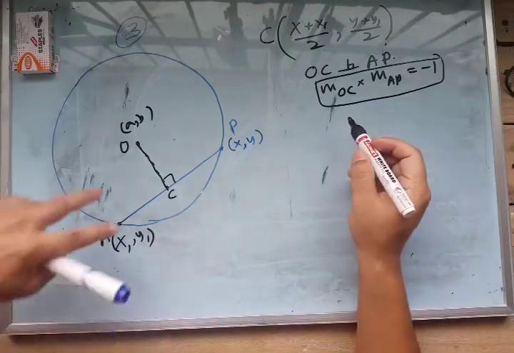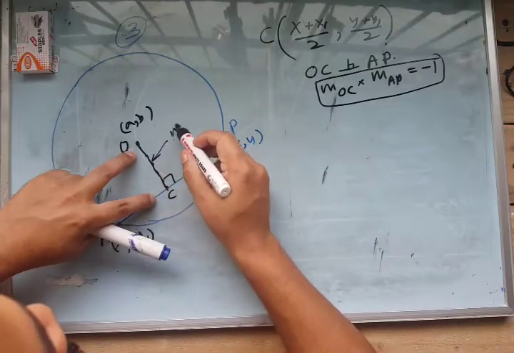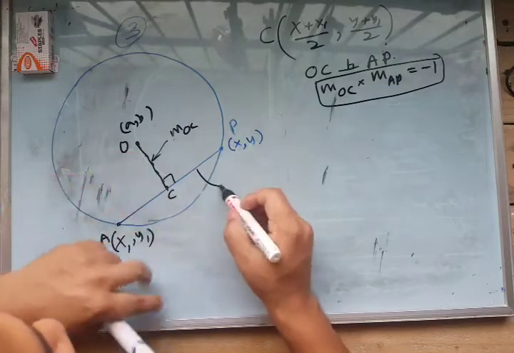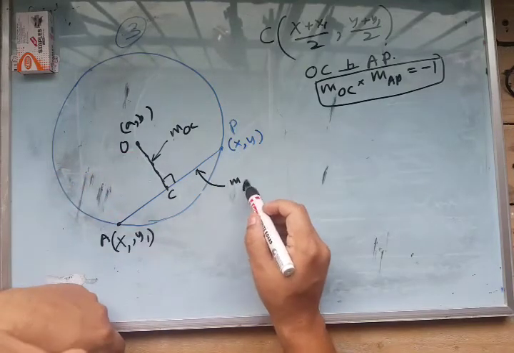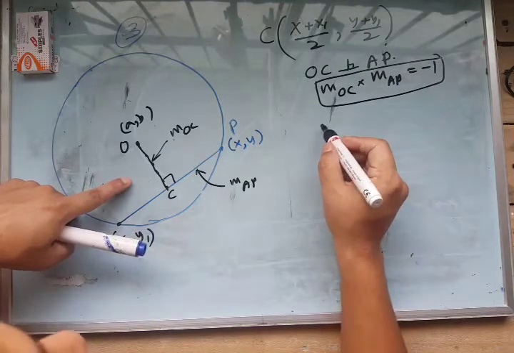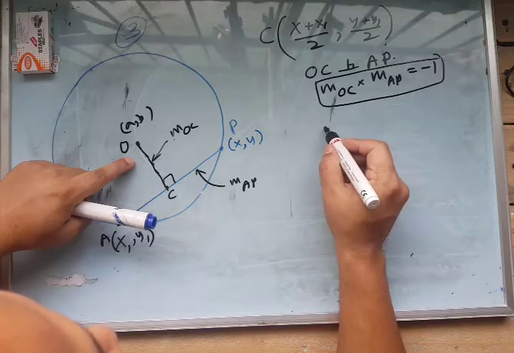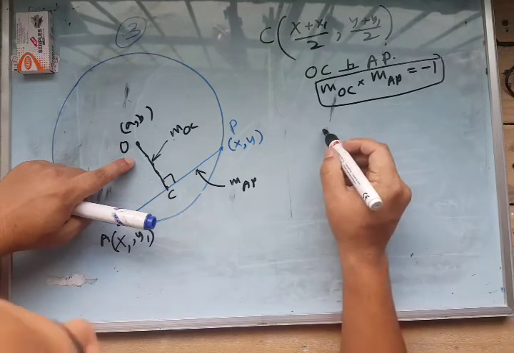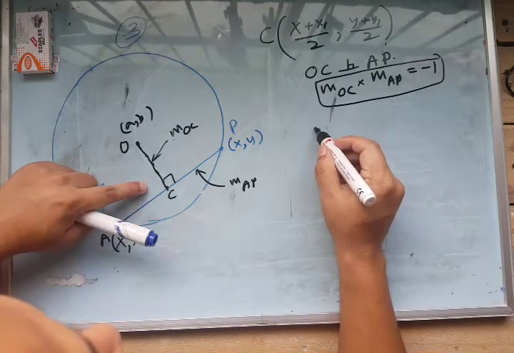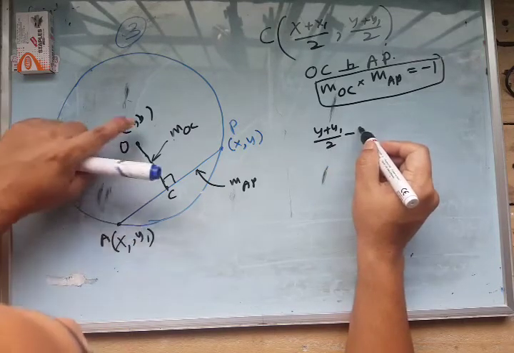Again, we're going to use this fact like we used in the second case. So how do you find the gradient M_OC? This is M_OC, this is M_AP. M_OC can be found like this: y plus y1 divided by 2 minus b.